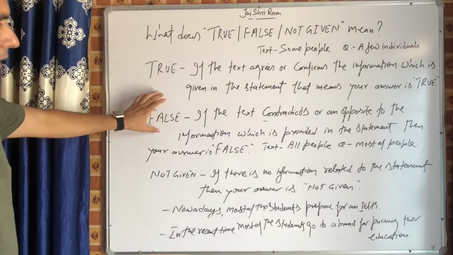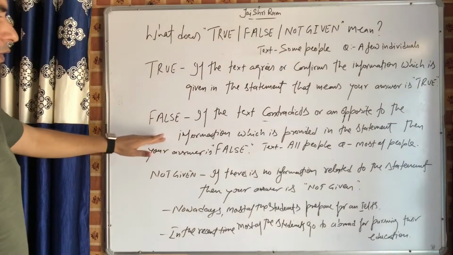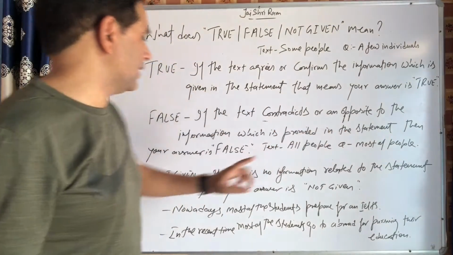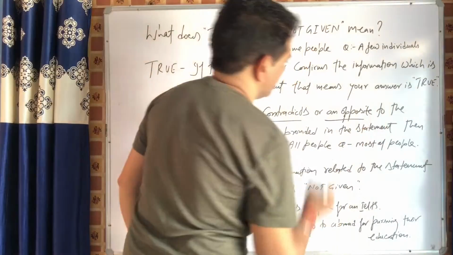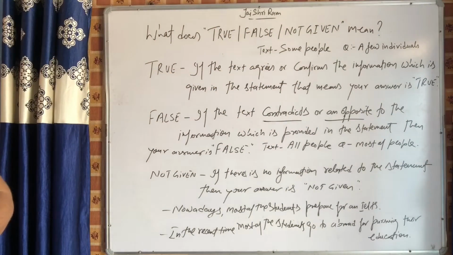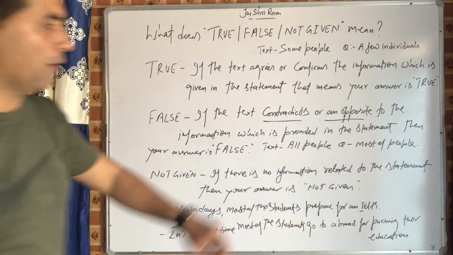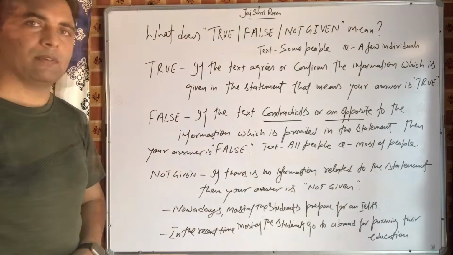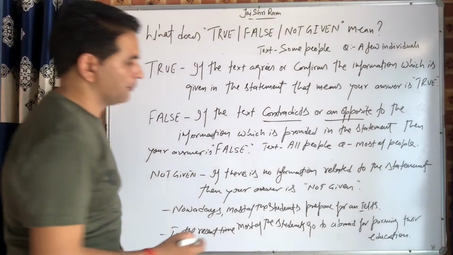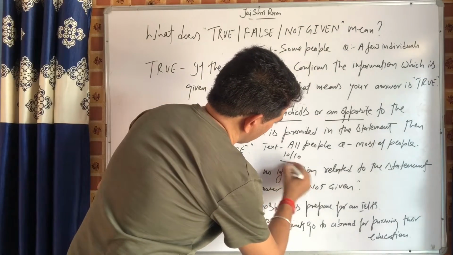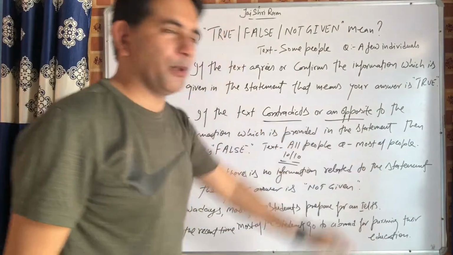Next one is false. If the text contradicts or is opposite to the information provided in the statement, then your answer is false. You can see I have written contradicts or opposite. Here is one more example. In your text you can see all people, and in your question or statement you can see most of people.